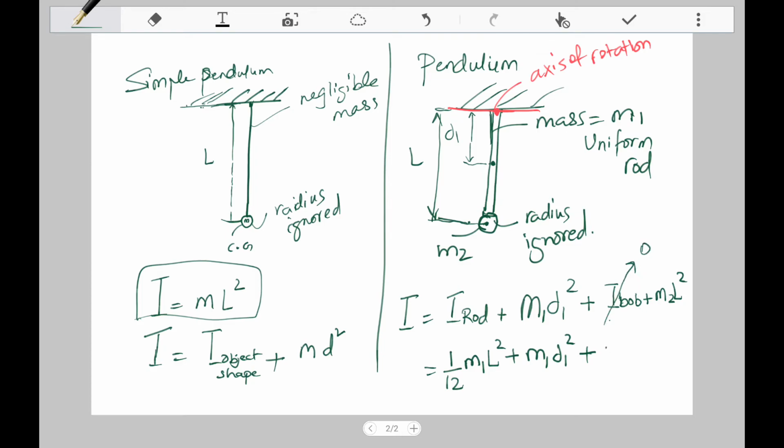This will be 0 plus M2 L2 squared. That's it. You can also simplify this down to become 1/3 M1 L squared plus M2 L2 squared. L squared, sorry.